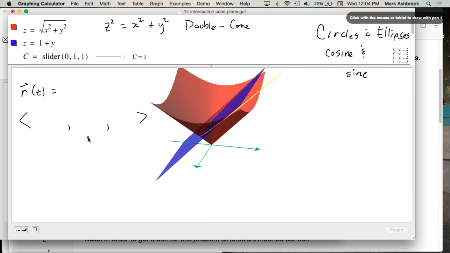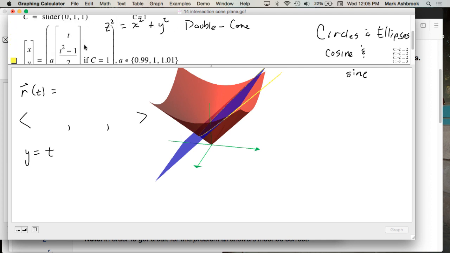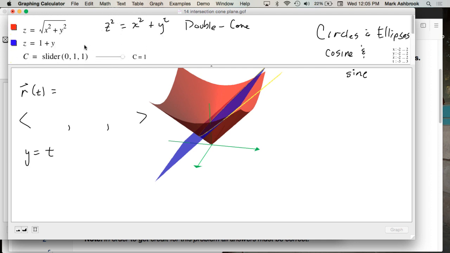So y, I think this is a good strategy. Y equals t. All right, so y equals t, and then what would z be?